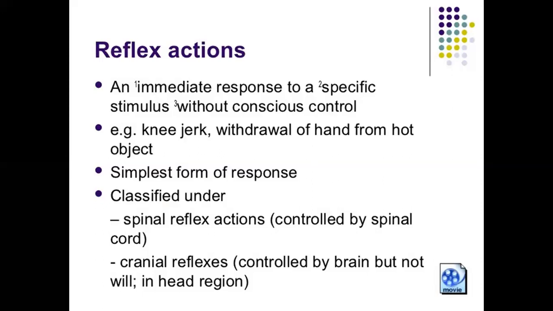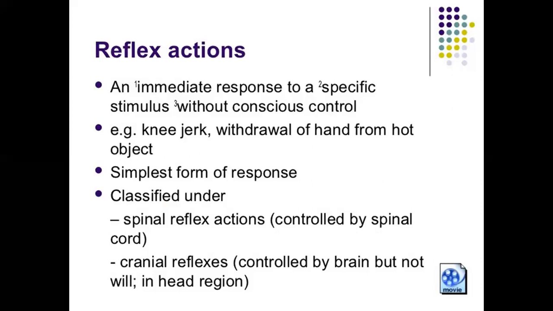Because they do not reach the brain, these are very quick actions. When actions are involuntary in nature and also very quick, they are called reflex action. Is it clear? Then that action is called reflex action.